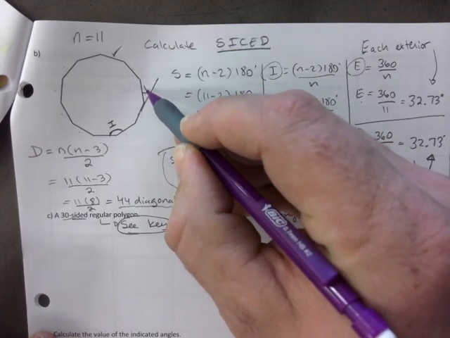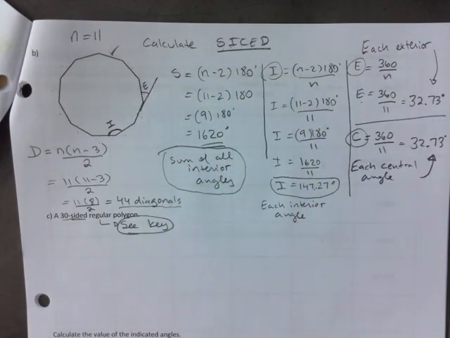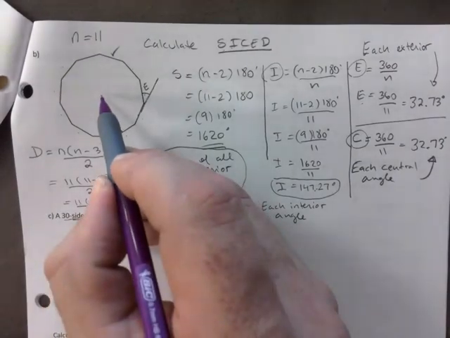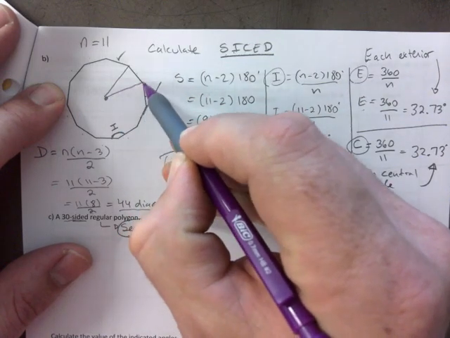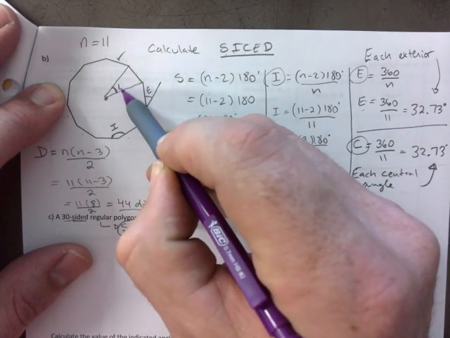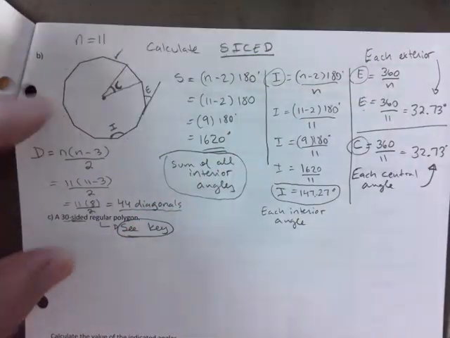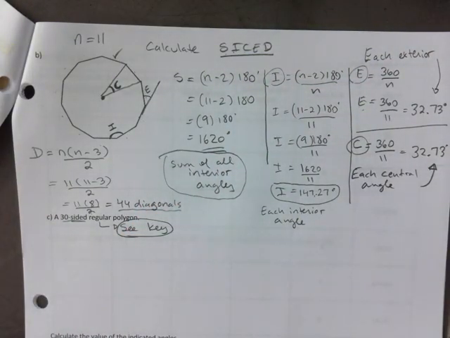And that is your exterior angle right there. That's 1. Okay. Central, go to the center and just make a slice like this. That angle right there is central. Okay, 3 marks. Take it or leave it.